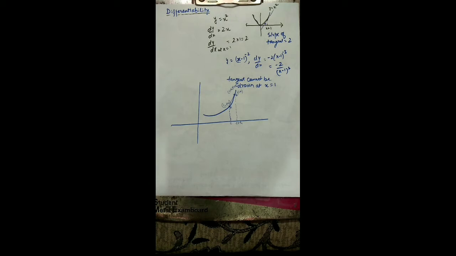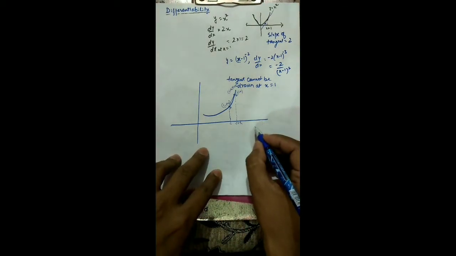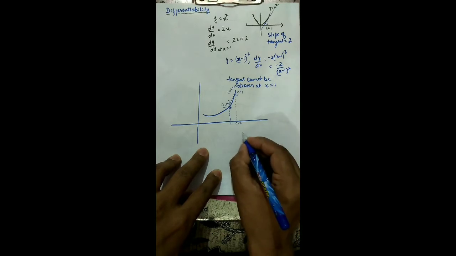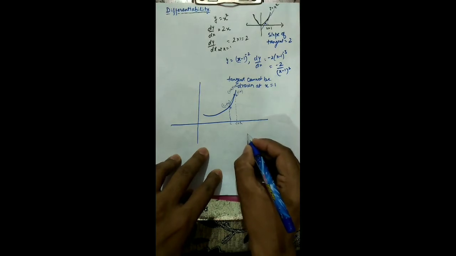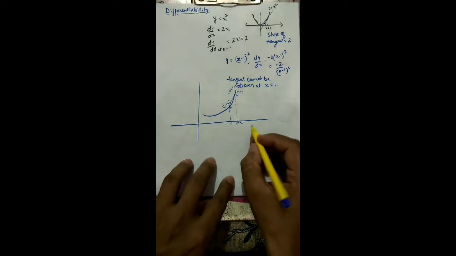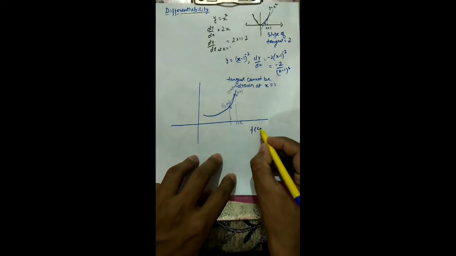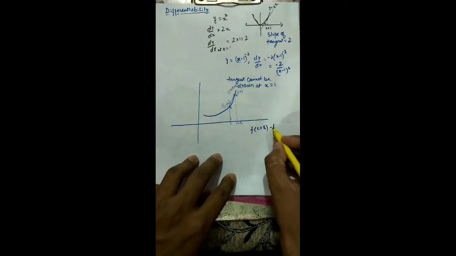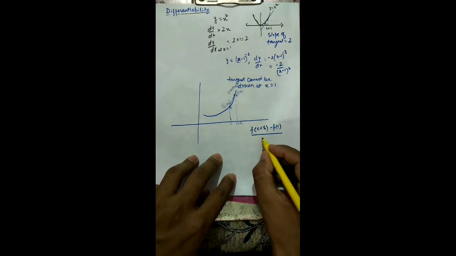So we can find the slope of this secant. You see, the slope of the secant will be f(c plus h) minus f(c) upon (c plus h) minus c.